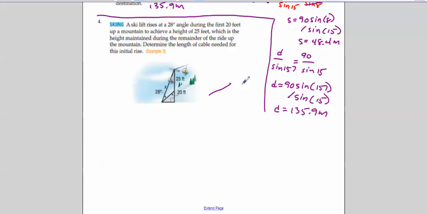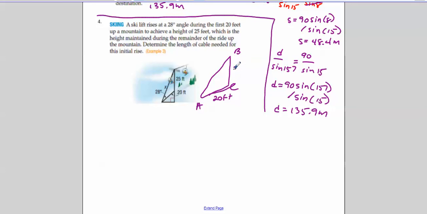And we might also just want to put some letters in. So let's call this A and B and C. So we know that this part here is 20 feet.